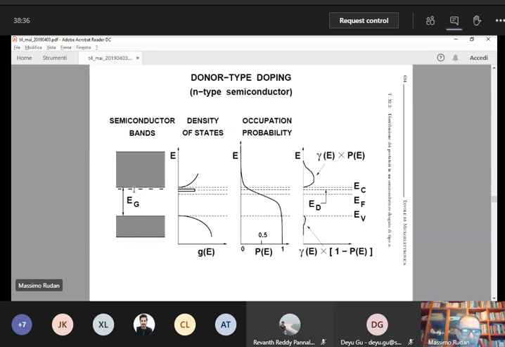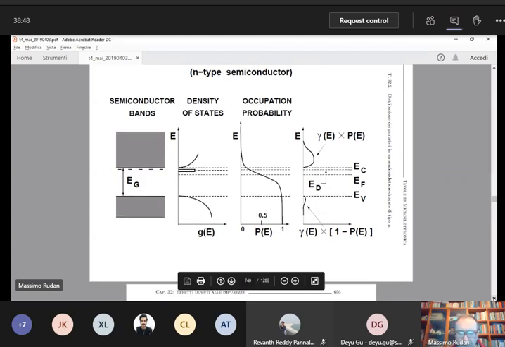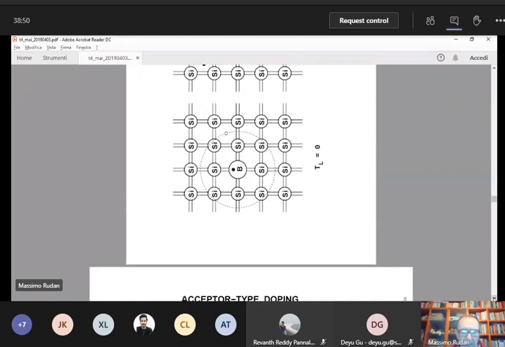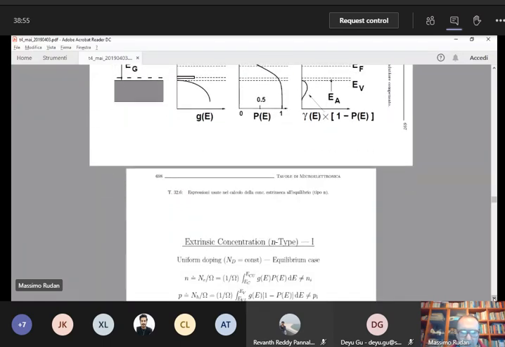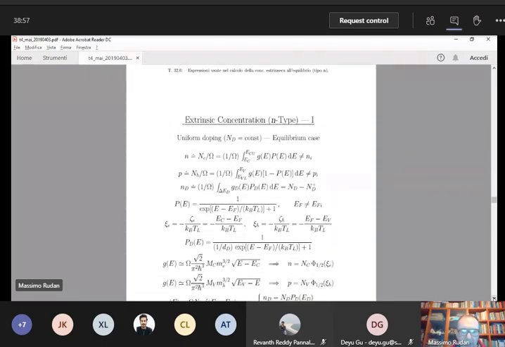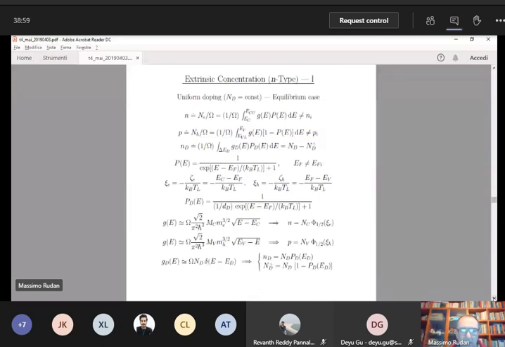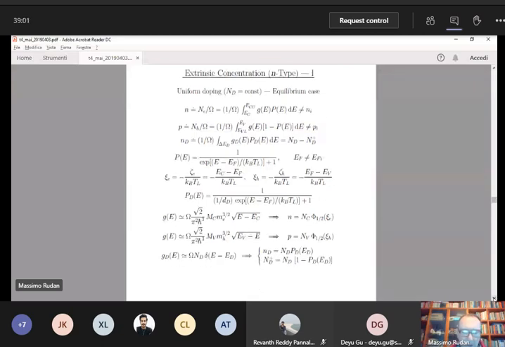Of course, this population is expected to depend on temperature, okay? So we have to calculate three quantities, and we expect that the concentrations of the electrons in the conduction band and the concentration of the holes in the valence band will be different from the intrinsic case.